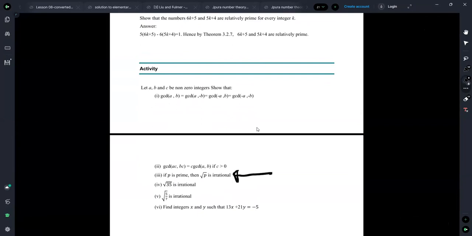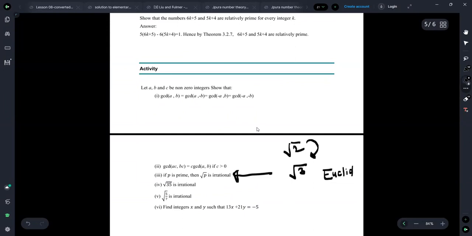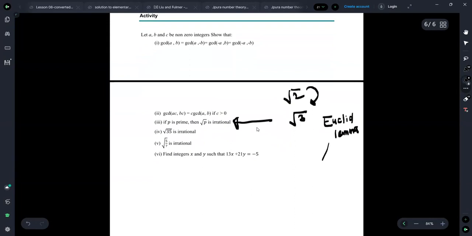I want to mention that you already know how to prove root 2 is irrational, right? But if you try to prove root 3 is irrational, you cannot use the same method. I can give a hint: to prove that you need Euclid's lemma actually. From Euclid's lemma, you can show this, which I call a sublemma.